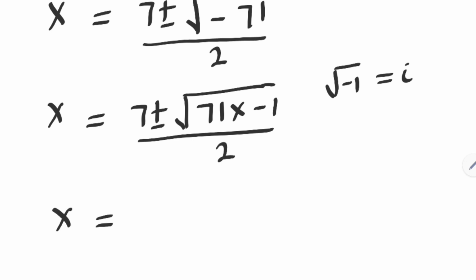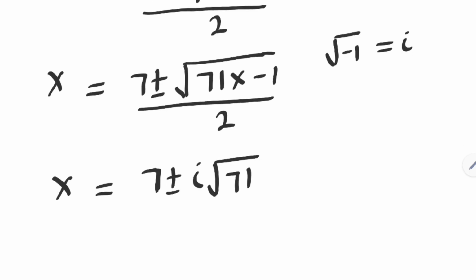x is equal to 7 plus or minus square root of minus 1, i, then root 71, divided by 2.